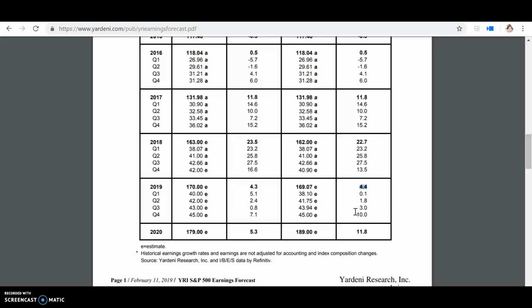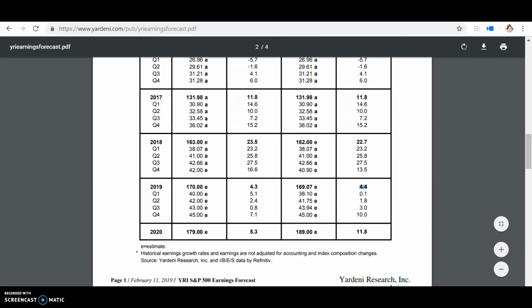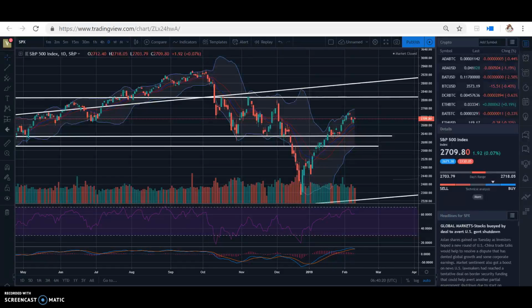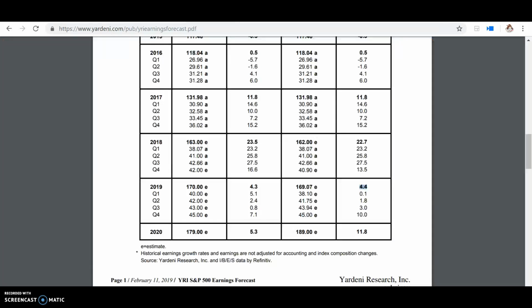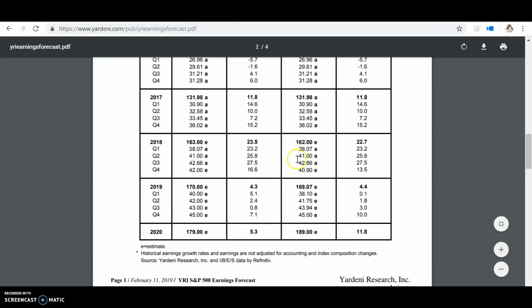And then Trump puts these 25% tariffs in, you're going to have a really big impact on the market. And that's the number I have here. So let's go back to Notepad. I think we're going to trade at a 15.5 PE, right? And just for the sake of calculation, let's say that there's 0 earnings growth from 2018 to 2019, so this number is also going to be 162.